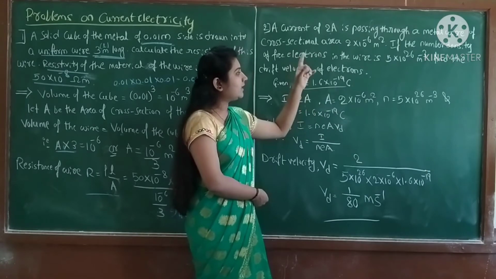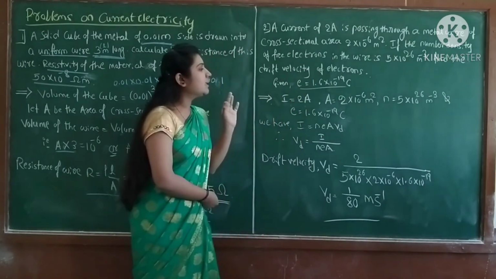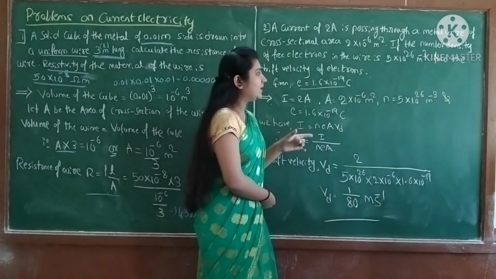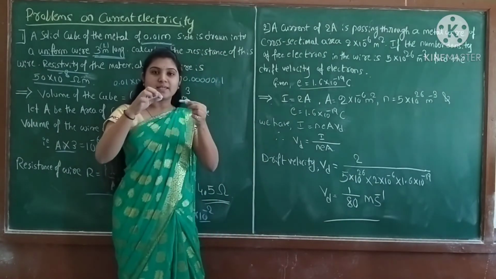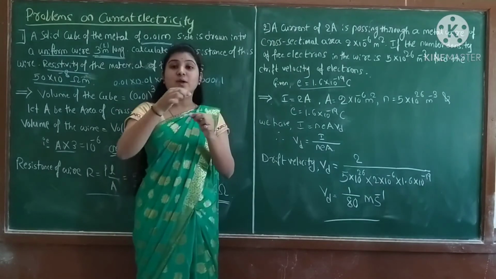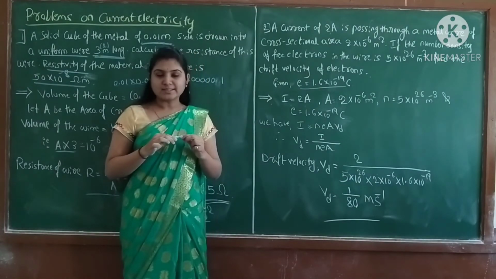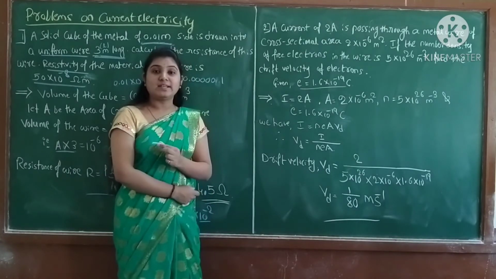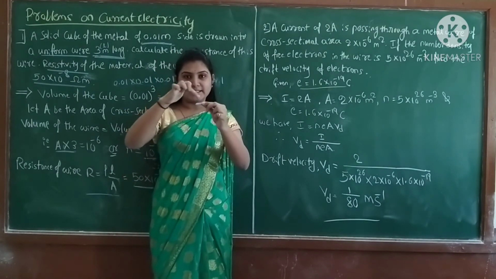Then if the number density of the free electrons in the wire is 5 into 10 to the power 26 per meter cube. That means in this wire 5 into 10 to the power 26 number of electrons are sitting.